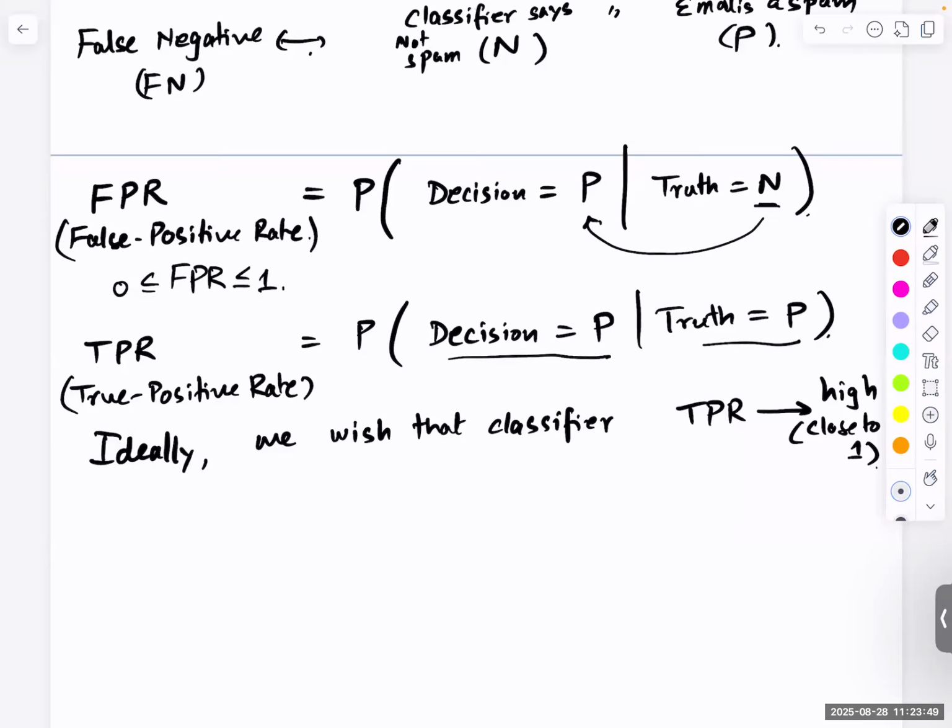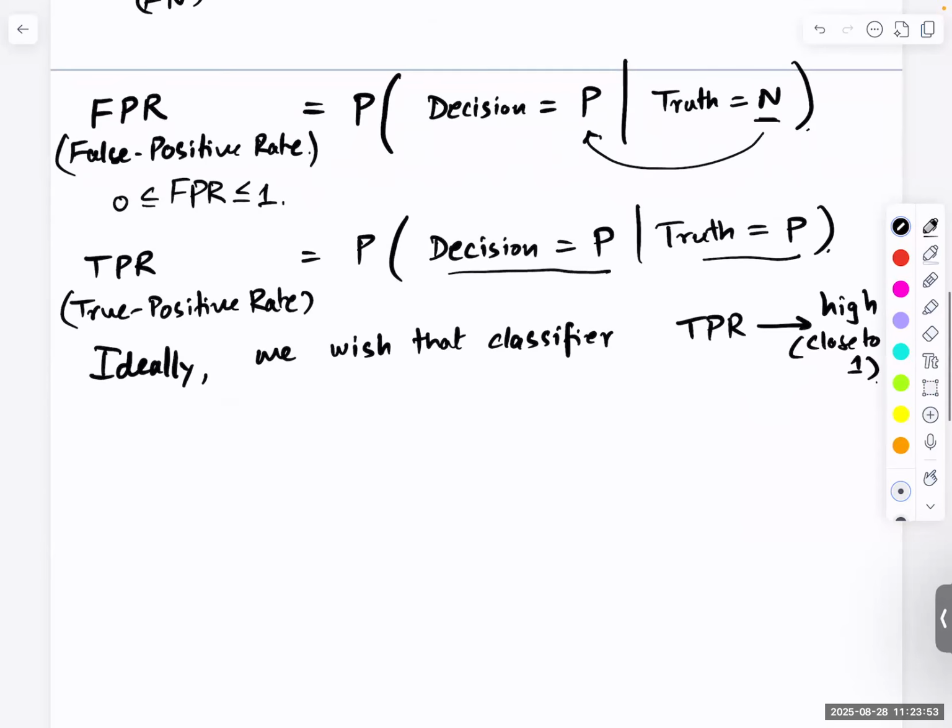And we also want the false positive rate to be small, because this is the mistake that the classifier is making. So we want this to be small and close to 0.